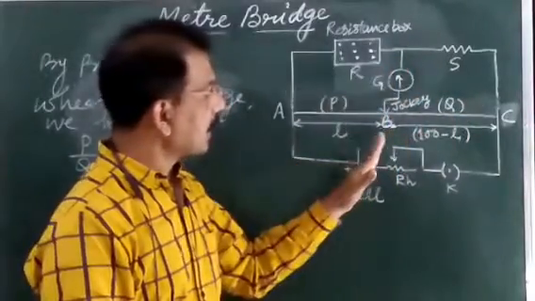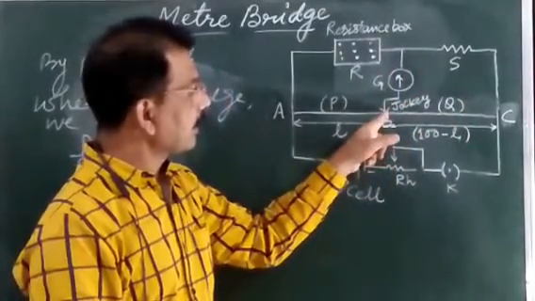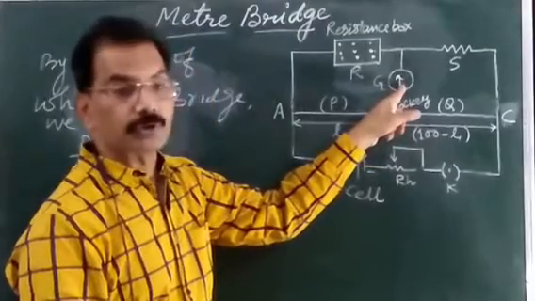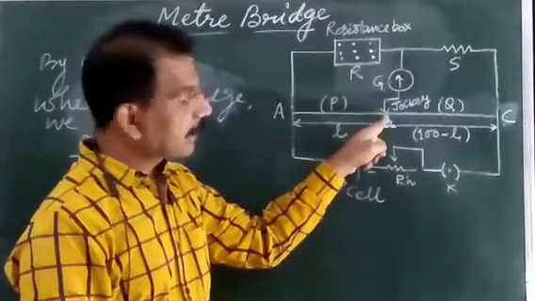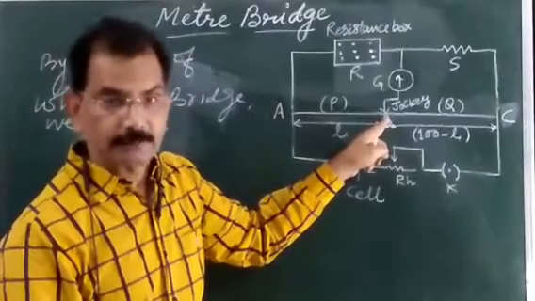of this bridge, or simply you can say, in the balanced condition, when this galvanometer shows null deflection, this point B is called what point? Null point.